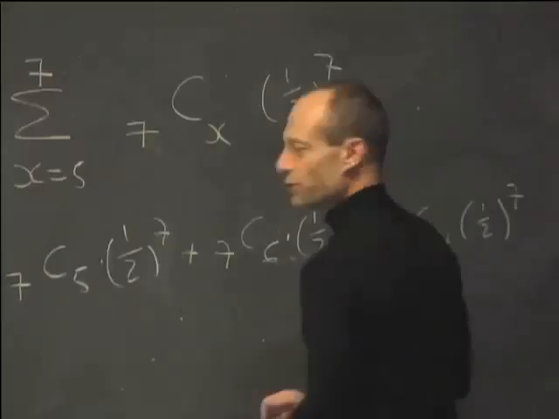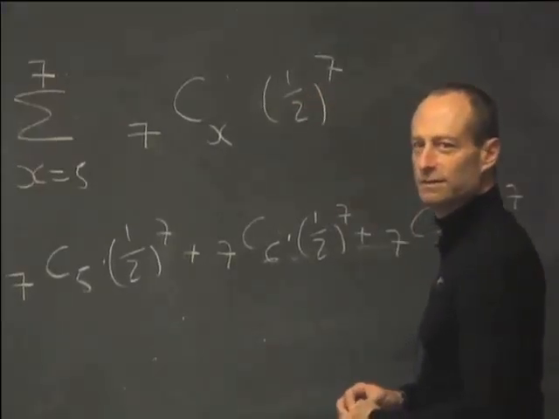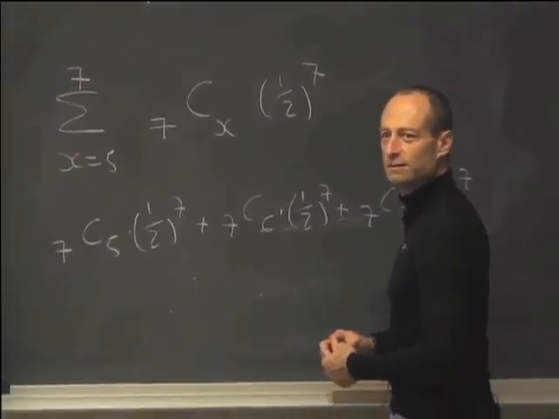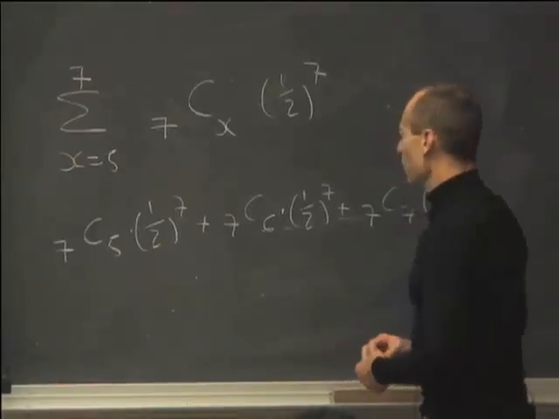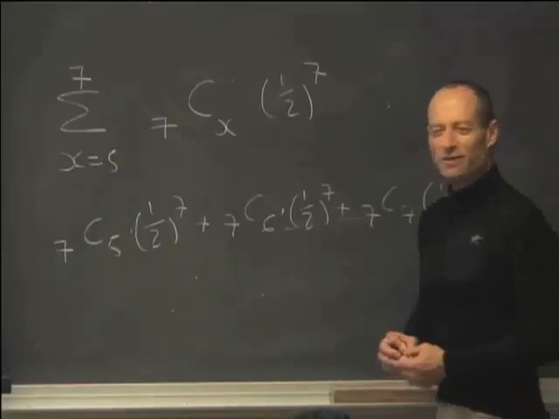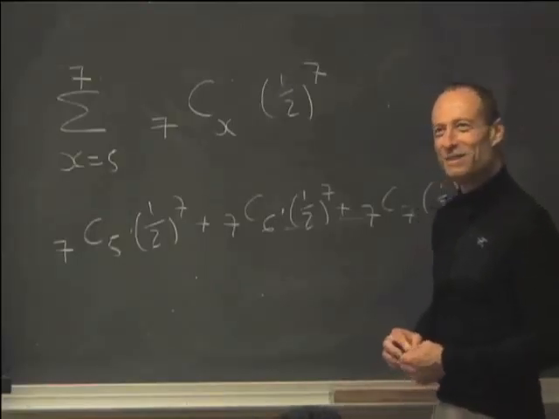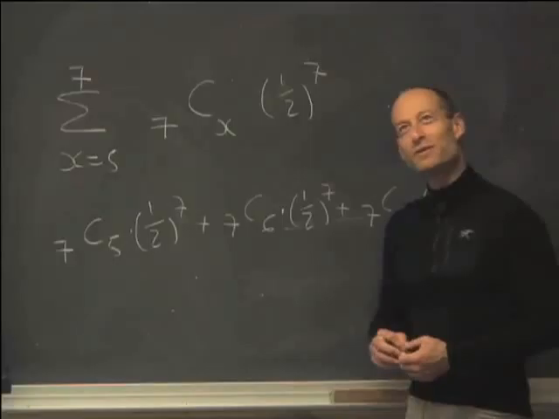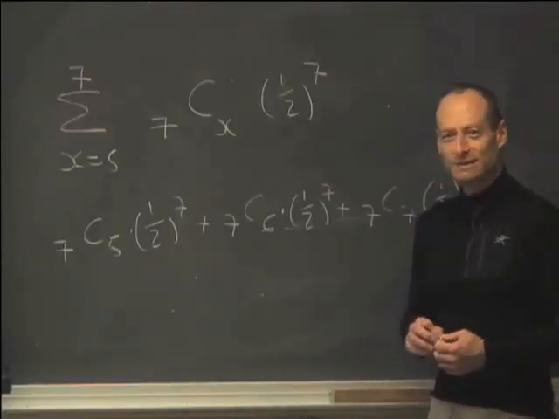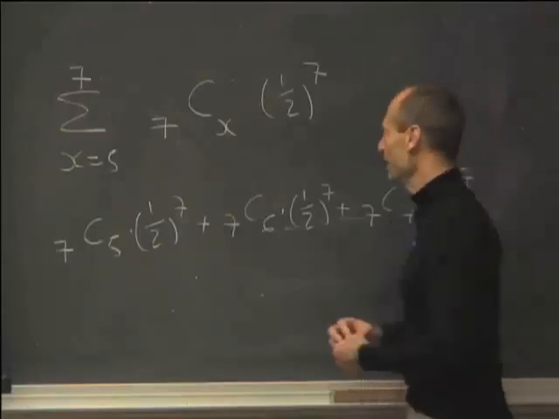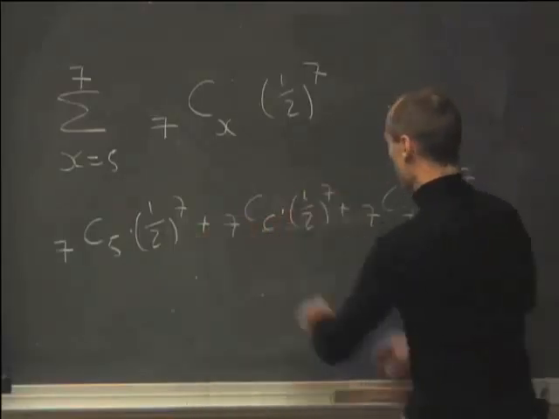And what's 7 choose 5? What's a half to the 7th? Let's go. Half to the 5th is a 32nd. So we've got a 64th, 128th, 1 over 128. Yeah? Okay. So that's in all of these.